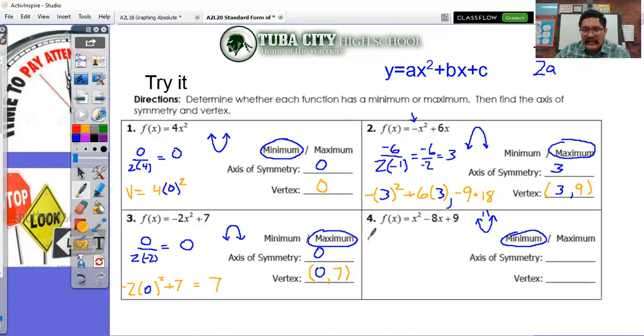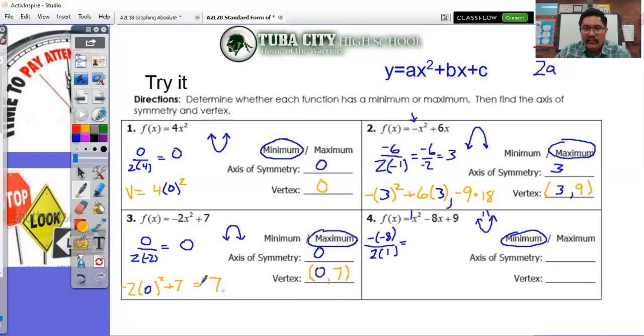So in this case, I get -8, because there is a negative in the formula, but there is also a negative that the 8 brought with itself. And then 2 times a, which in this case, if there is no number or no coefficient in front of the term that you're looking at, so in this case, it's the x squared term, we don't have a number in front of there, it's going to be 1.